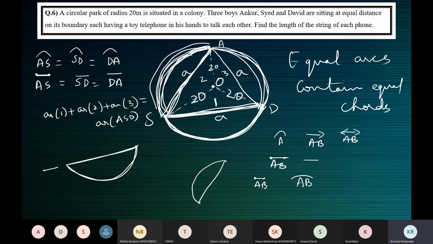They're identical triangles. By the SSS rule, they're congruent. So you don't have to find the area of triangle 1, triangle 2, and triangle 3 separately. All the three triangles have the same area because they have the same sides, 20, 20, and A.